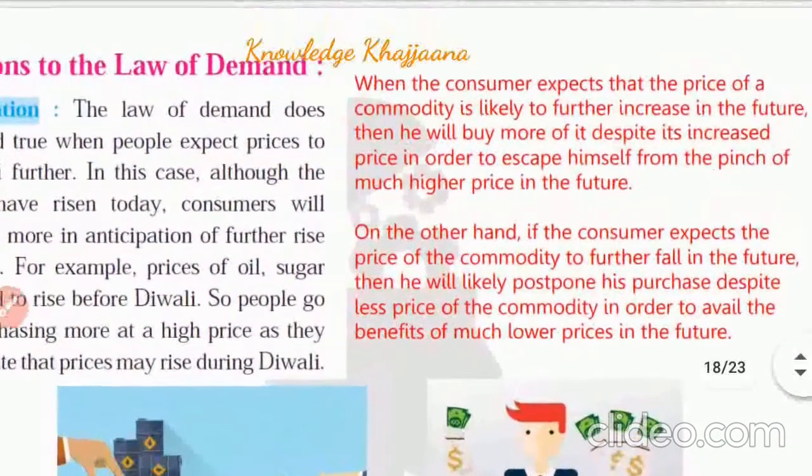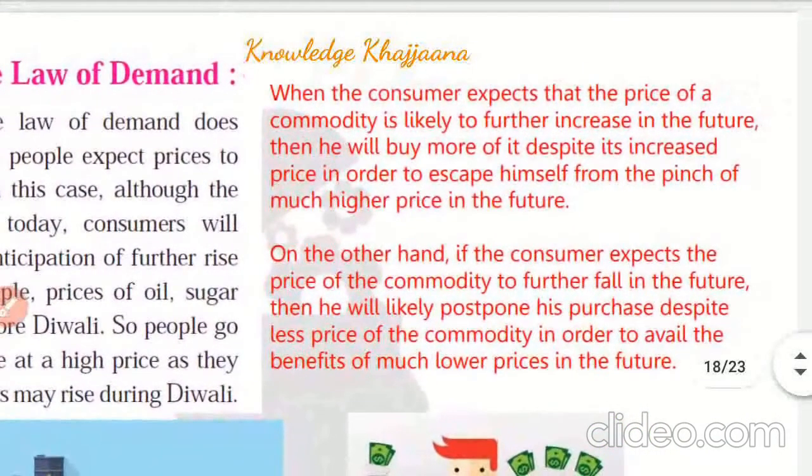When the consumer expects that the price of a commodity is likely to increase further in the future, then he will buy more of it despite its increased price, in order to escape the pinch of the much higher price in the future.